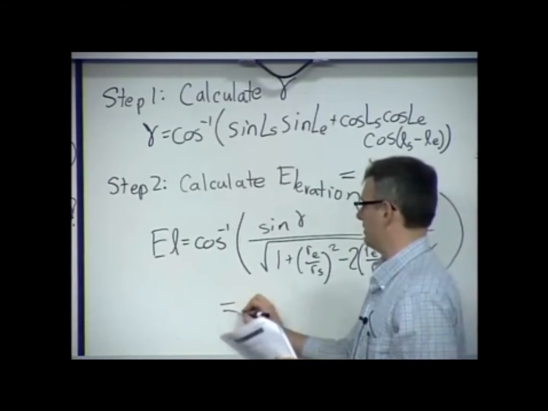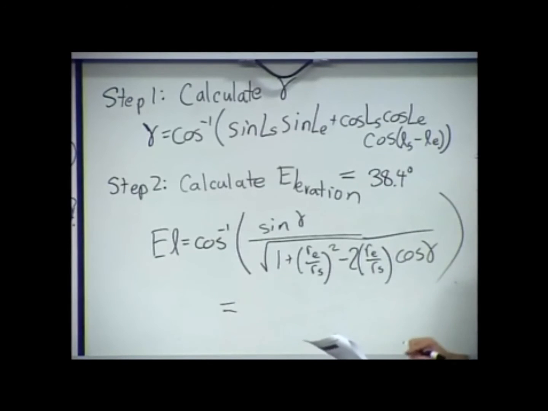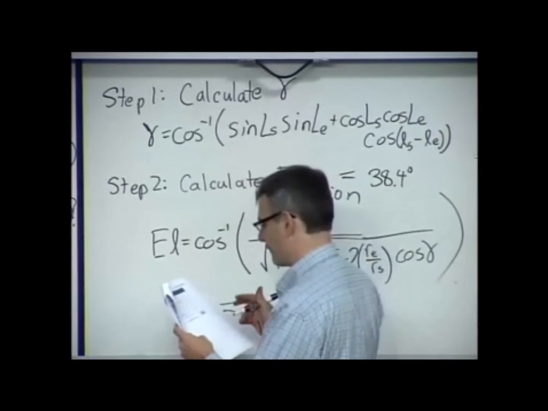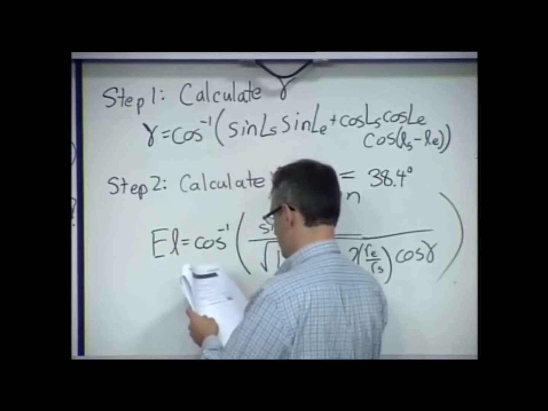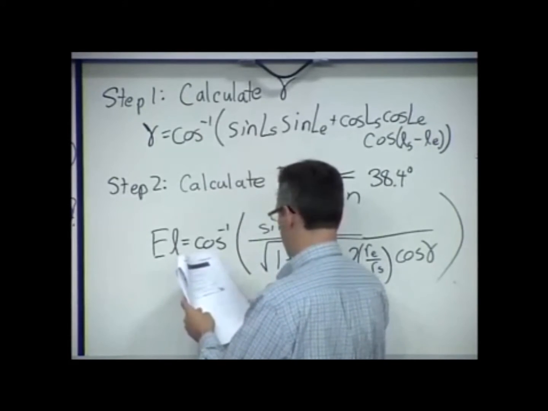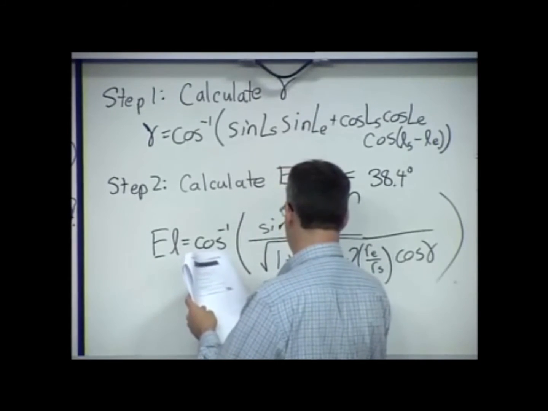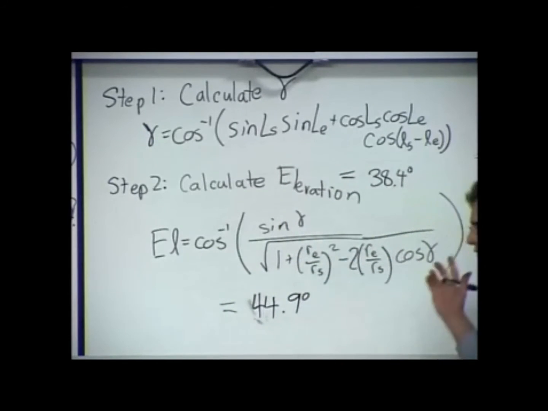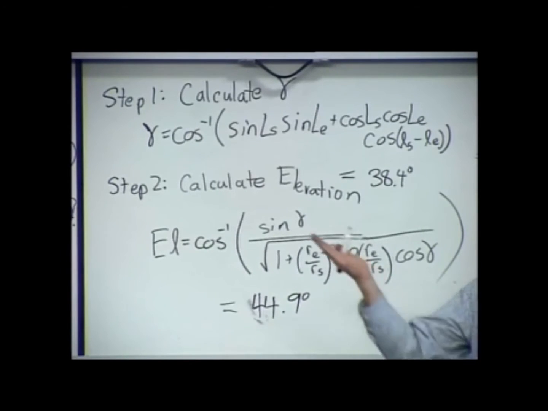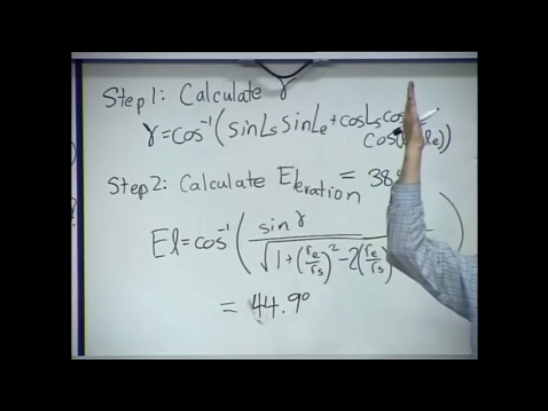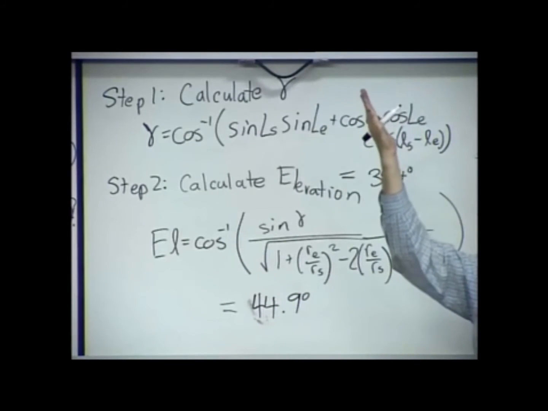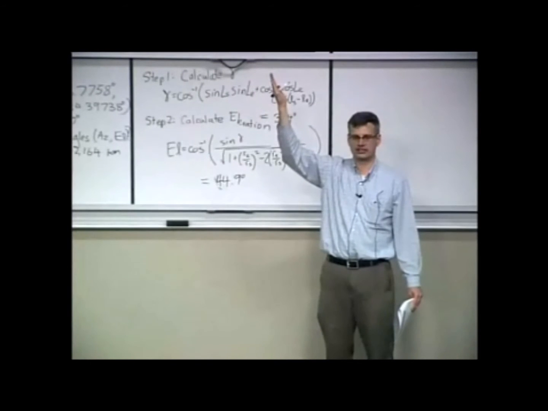If I do that, I plug the numbers into the Magic Professor calculator where everything is calculated ahead of time. That's my gamma. REs and RSs come from the problem statement, or what we inferred from the problem statement. That becomes 44.9 degrees. So about 45 degrees. So that's actually a really good result. That tells me from the horizon, how far do I have to jack up my antenna to point it so that it can see this satellite?